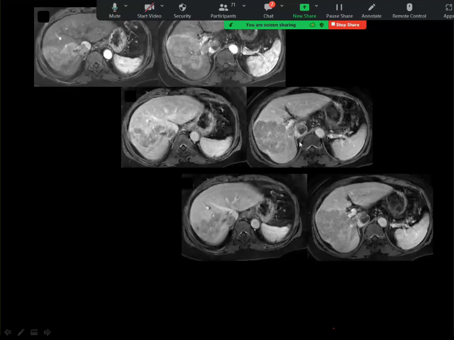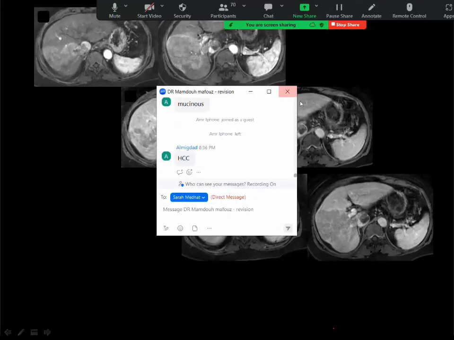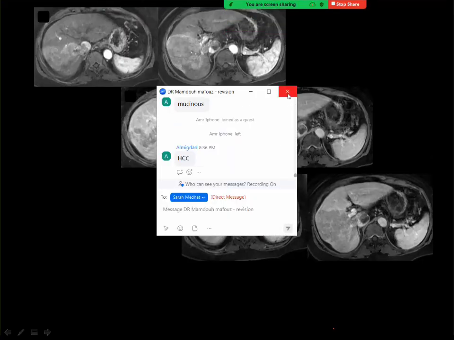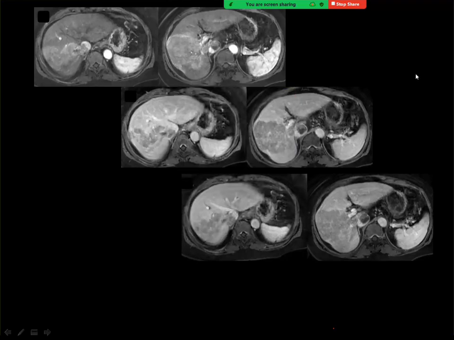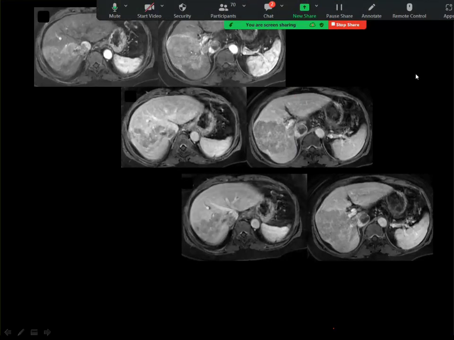A series of MRI of the liver. This is arterial phase, portal phase, delayed phase. Yes, and this is actually HCC, and there is a very important finding you have to spot here.